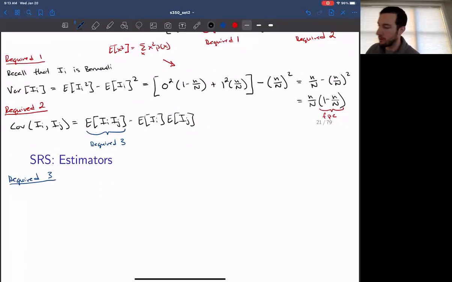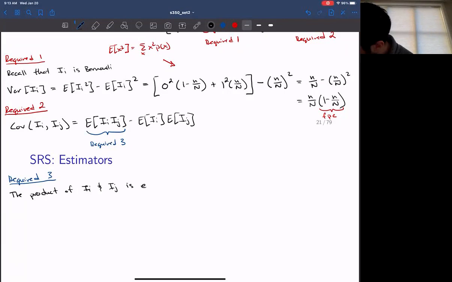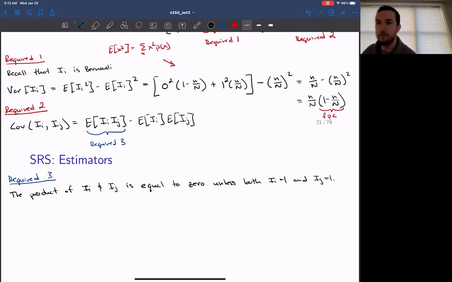So the first thing that we can do is note the product of I subscript i and I subscript j is equal to 0 unless both I subscript i equals 1 and I subscript j equals 1. Right?